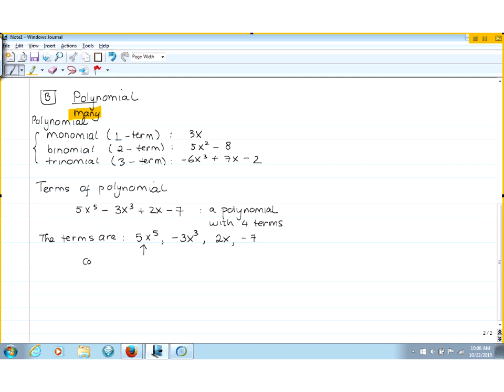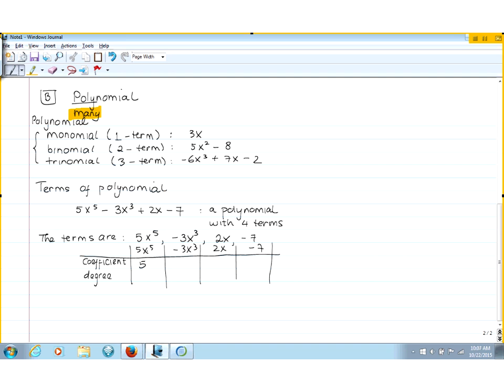Now, can you tell me what is the coefficient and the degree of each term? So I am looking at each term now. I have these 4 terms: 5x to the 5th, negative 3x cubed, 2x, negative 7.